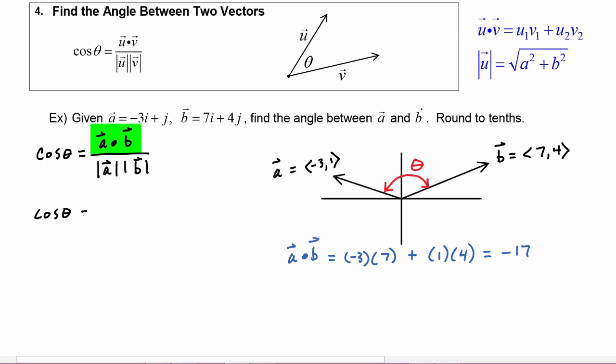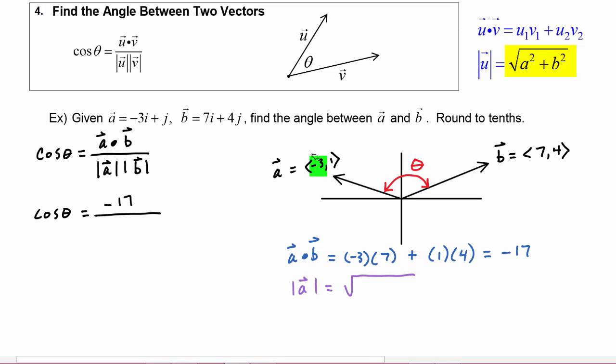Cosine theta is equal to negative 17 divided by, now we need to know the magnitude of vector A. So we know that the magnitude of vector A is going to be the square root of the sum of the squares of its components.